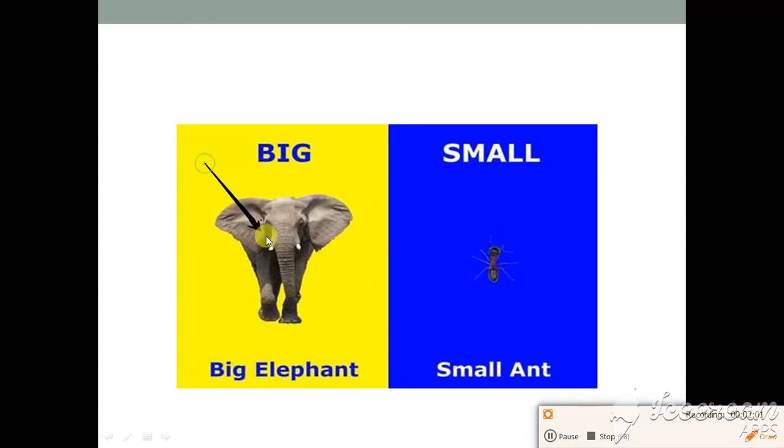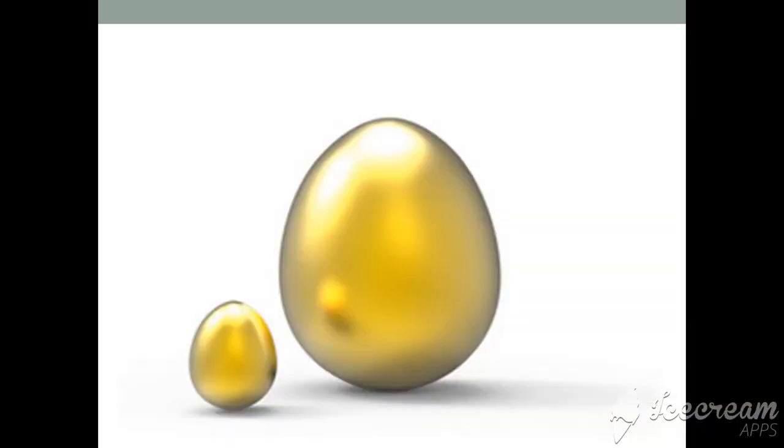This is a big elephant and this is a small ant. The elephant's height is big, the elephant's weight is bigger than the ant, and the ant is a very little animal, a small animal. Another example, egg, one is a big one and the other one is a smaller one.